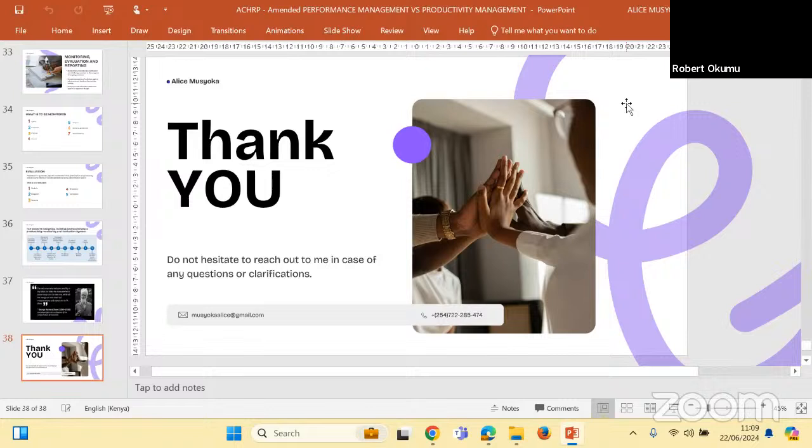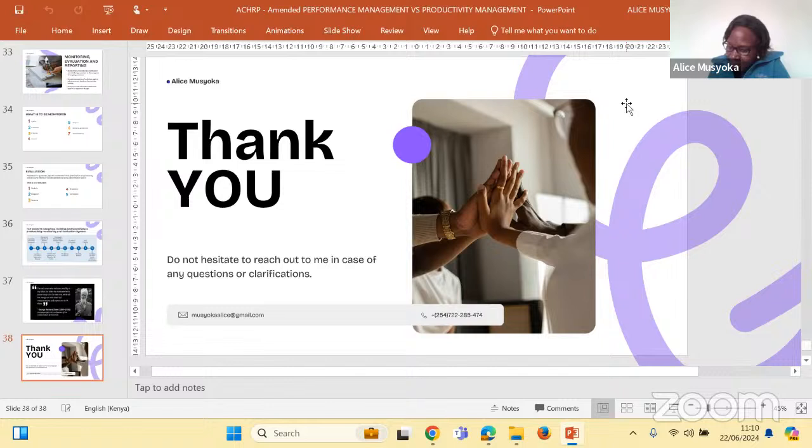Okay, that's a very good question. First of all, we say that figures don't lie. So our performance management tool should be highly objective to the extent that nobody will cast doubt as to whether you are favoring someone or not favoring them.